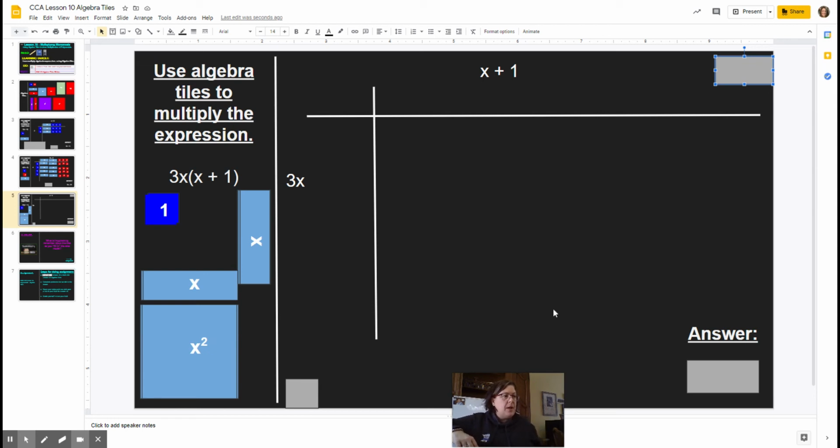So again, on your paper, I want you to sketch this problem out using the algebra tiles. I'm going to set it for 3 minutes and we'll check to see where you're at in 3 minutes. Again, when you're finished with this whole problem, click the little raise hand button, and we will go from there.